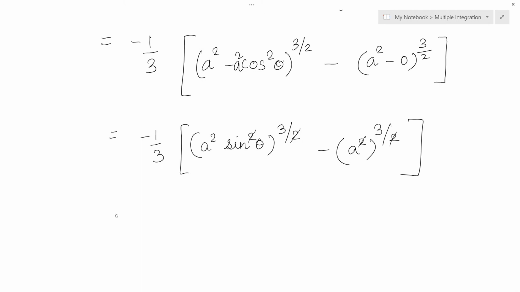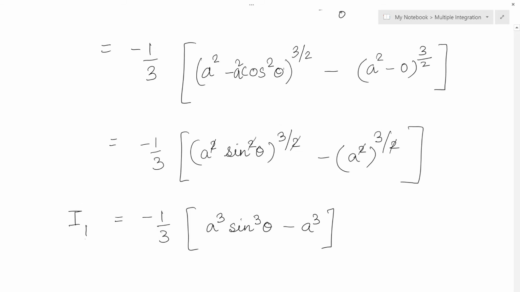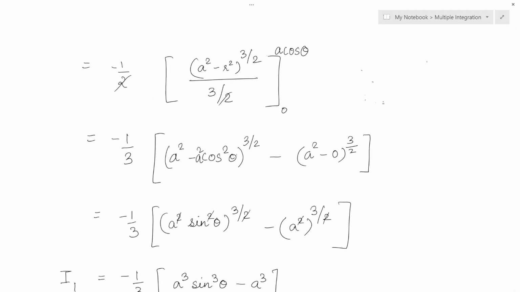So I will be left with minus 1 by 3 a square cube, right? So again this 2 is getting cancelled, so that is a cube and this is sin cube theta minus a cube. So this is my answer for I1, right? So you can check back the steps.